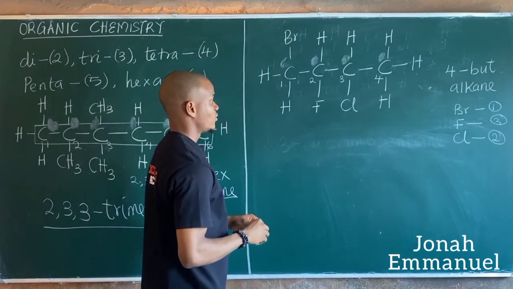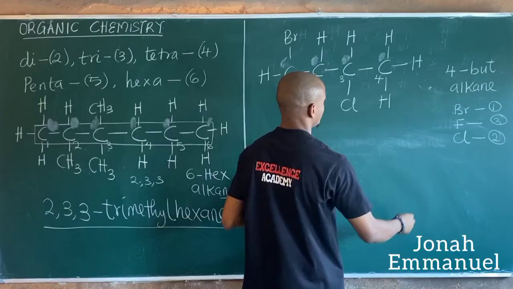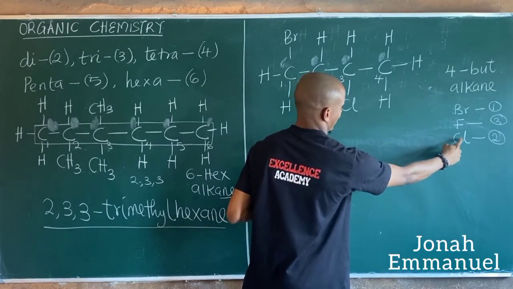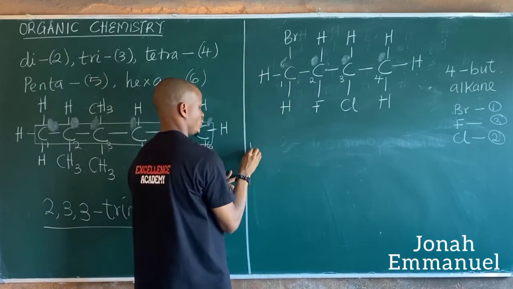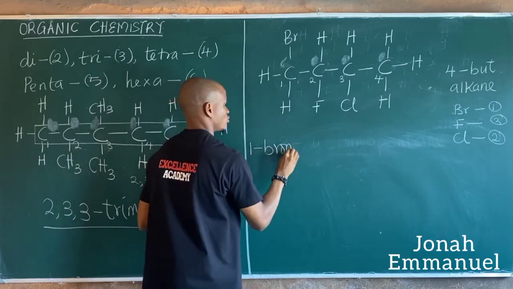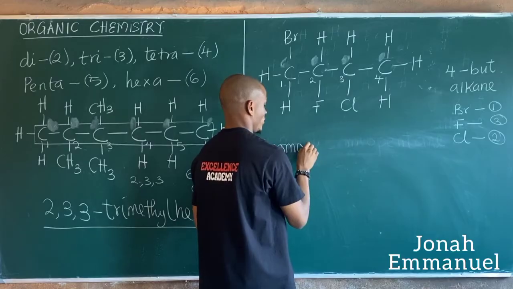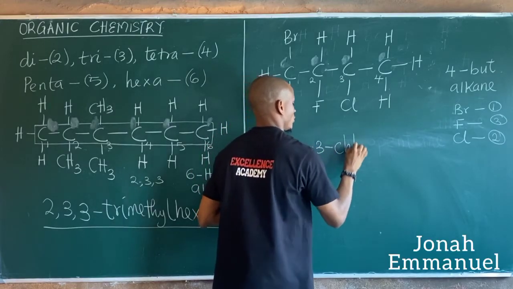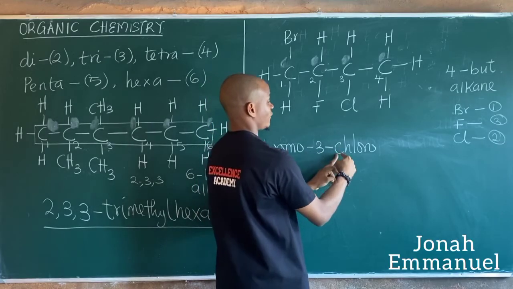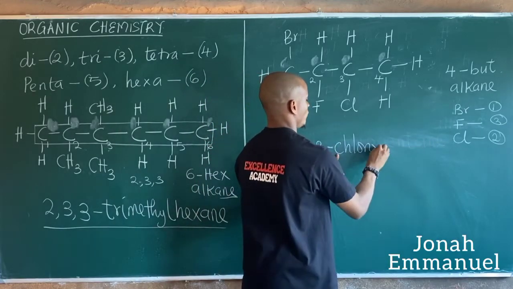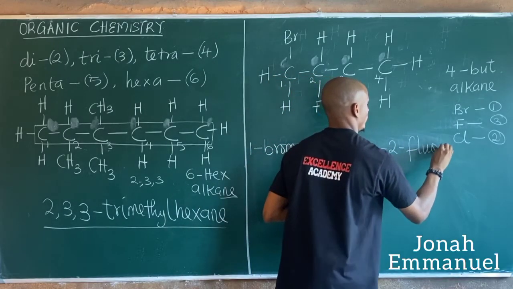Alright, so for the name, we take bromine first, chlorine next, and then fluorine. It becomes 1-bromo, because bromine is attached to carbon 1. Next, chlorine at carbon 3 becomes 3-chloro. So from B to C, from C to F. Fluorine is at carbon 2, so it becomes 2-fluoro.